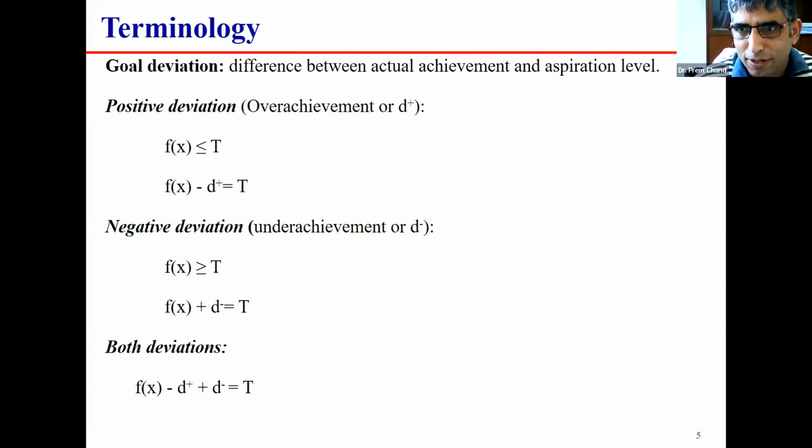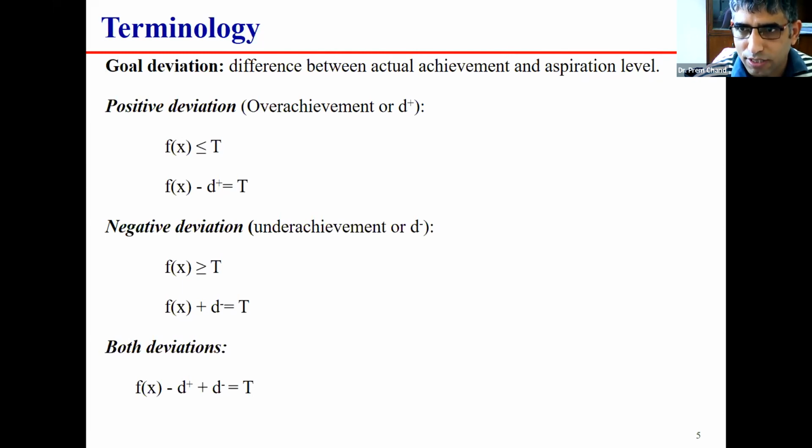Then if I want neither negative nor positive, or I want both, I'm not sure whether I can accept both. I can accept less also. I can accept more also. So I add both negative and positive.